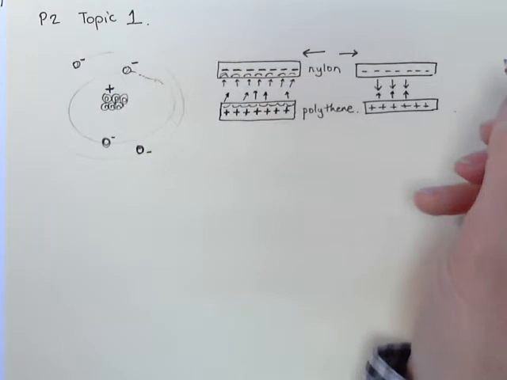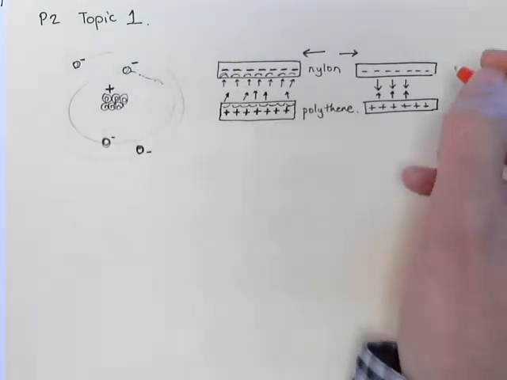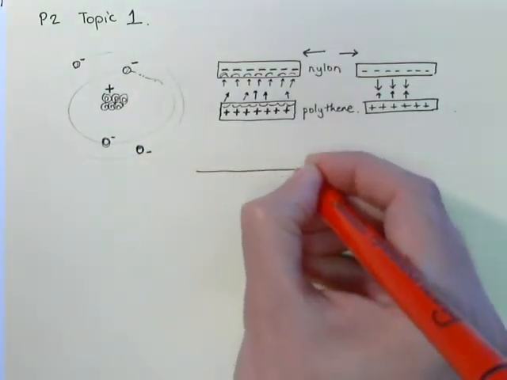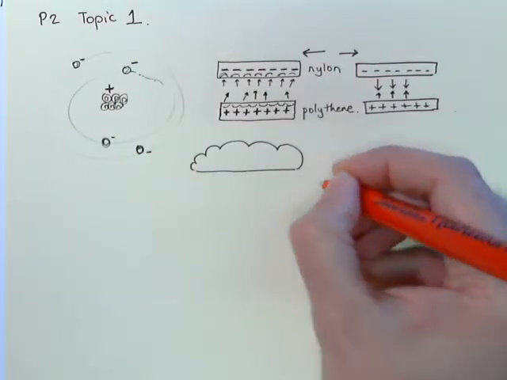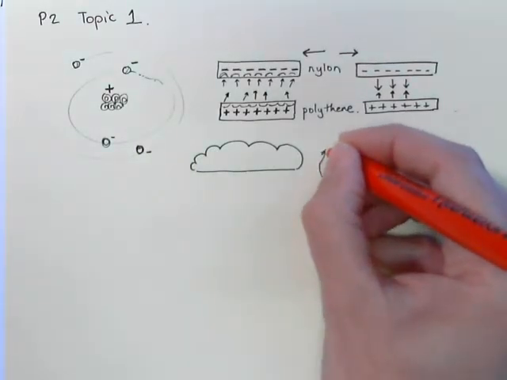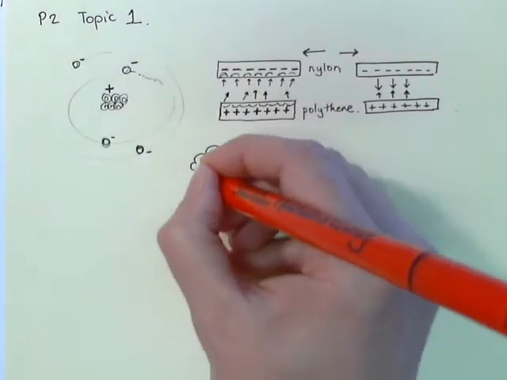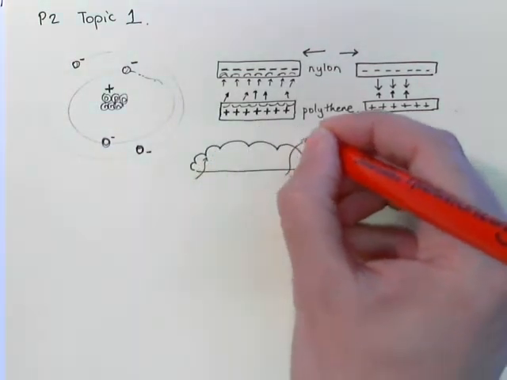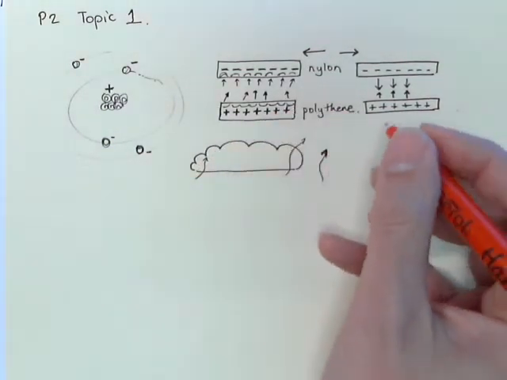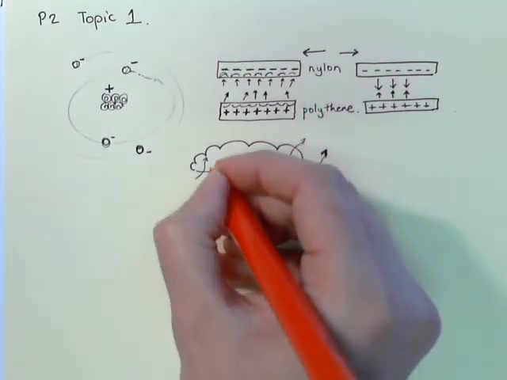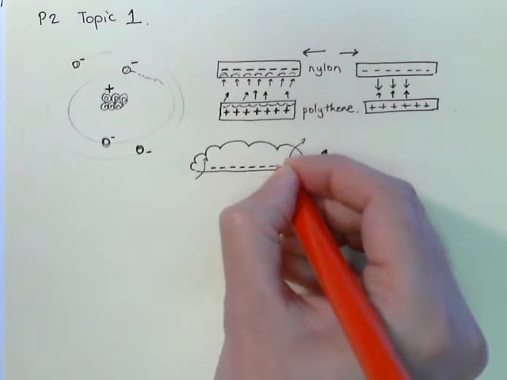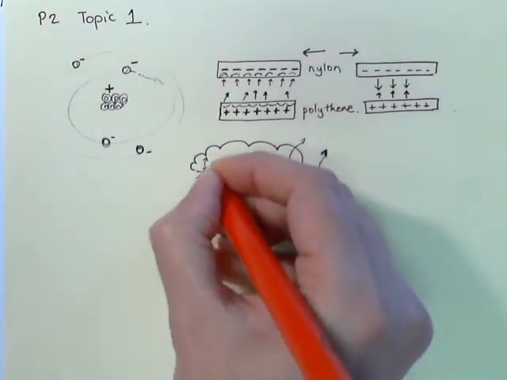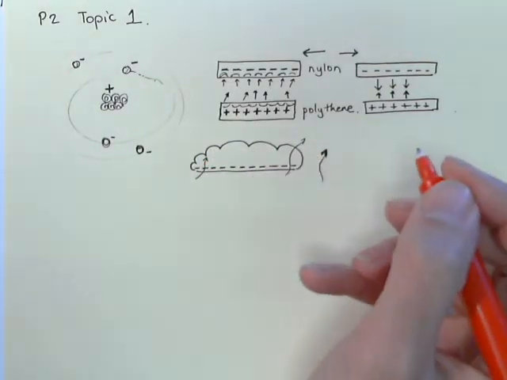So we need to look at shocks. What can happen is that, let's for instance draw a cloud, and on a hot day the hot air rises upwards and moves through the clouds of water vapor, and that movement of air can result in the air losing electrons, and the clouds can build up negative charge.